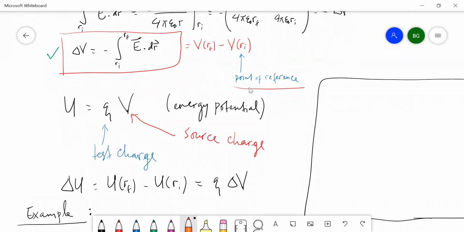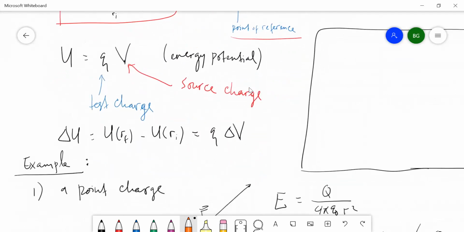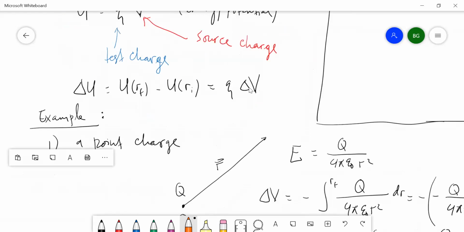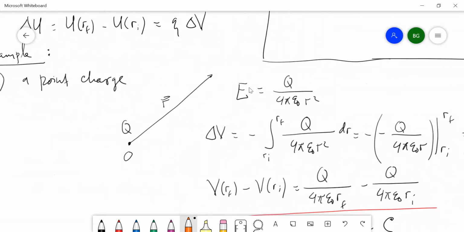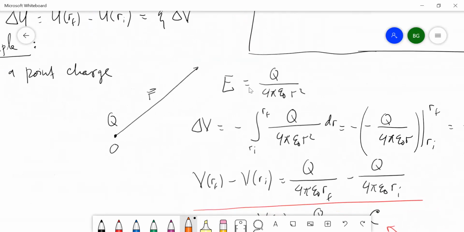So delta U equals U of Rf minus U of Ri, which equals q delta V. Q is a constant, so if the potential energy changes, then the scalar function must also change. This is an example for a point charge particle.